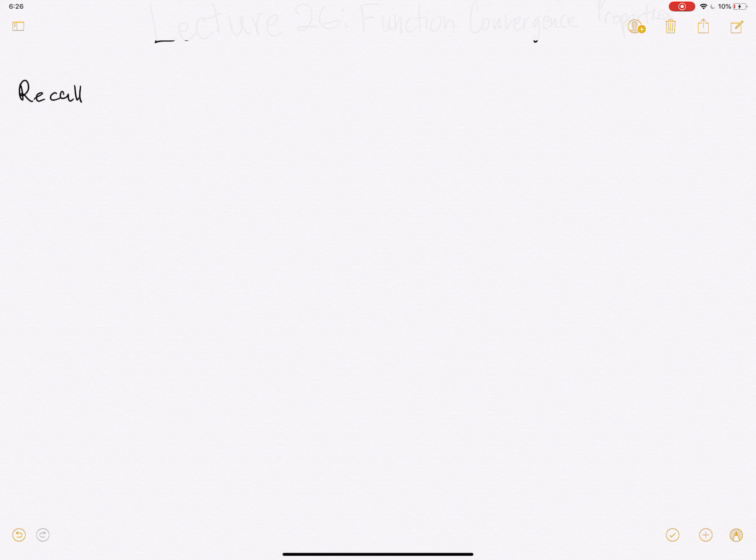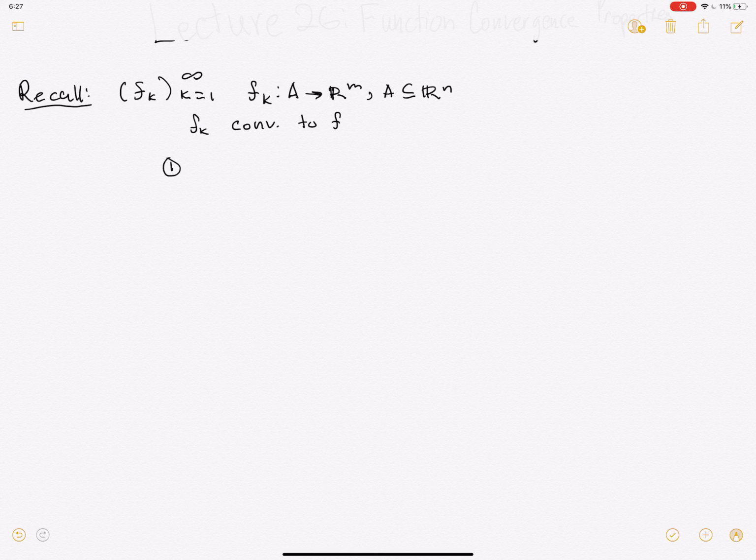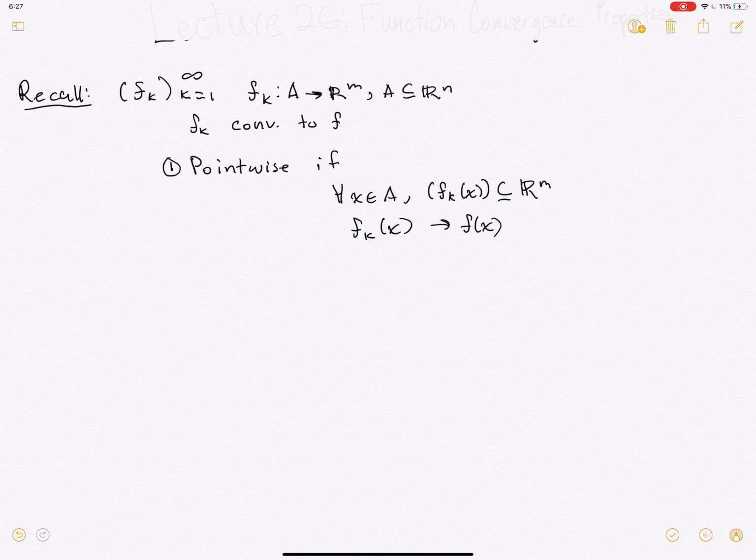Now, just so it's fresh in our minds, recall that if you have a sequence of functions f_k, where each f_k has domain A mapping to codomain R^m, where A is a subset of R^n, then f_k converges to some function f, either pointwise, if for every value in the domain, if you pass it through the function, you get a sequence in R^m that would converge to f(x).